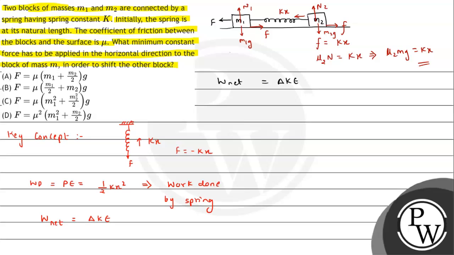Initially the system was at rest, so initial kinetic energy तो zero होगी. अब final की भी बात करते हैं, but before that let's check the work done. So सबसे पहले तो work done by this force F होगा, right? And let's suppose हम इसे x displace कर रहे हैं, so work done will be force into displacement if we are displacing it x, right? So force into displacement both are in the same direction, so हमने इसे work done को positive लिया.